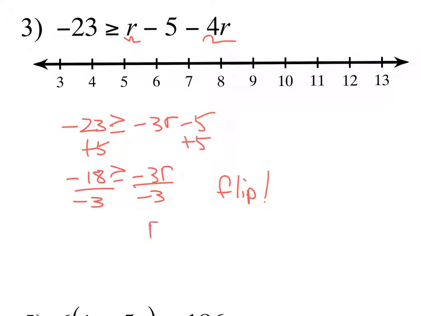We're going to have r, and instead of it being less than, it'll be greater than or equal to 6. Reading it right to left, I have r is greater than or equal to 6. So left to right, r greater than or equal to 6. Here's 6, it can equal 6, and all the values greater than 6.